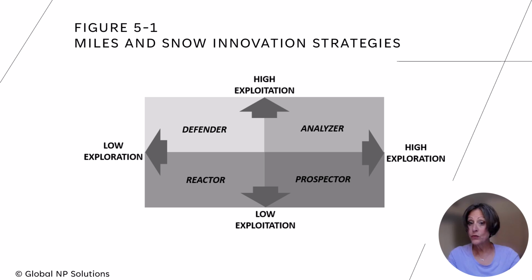Analyzer, a fast follower with established effective operational excellence, balancing exploration and exploitation. Defender, maximize profits from current product portfolio, innovates only if market position is significantly threatened, high exploitation. Reactor, lacking a cohesive innovation strategy, may be undergoing substantial changes in industry or leadership, ineffective at balancing exploitation and exploration.